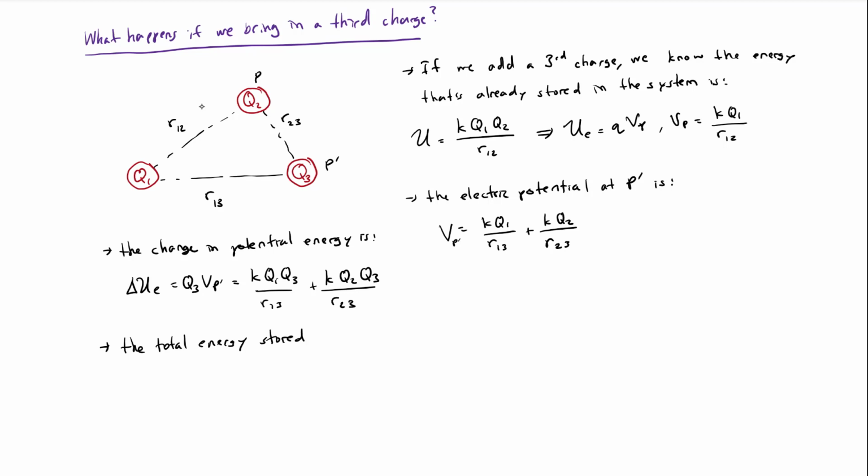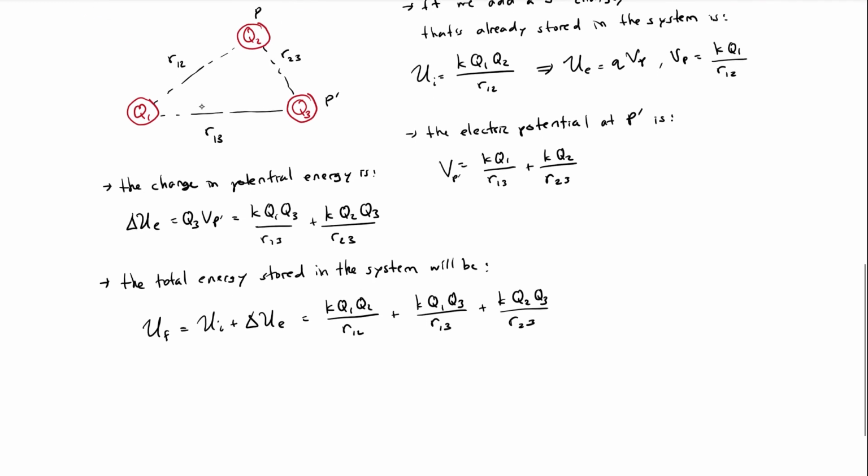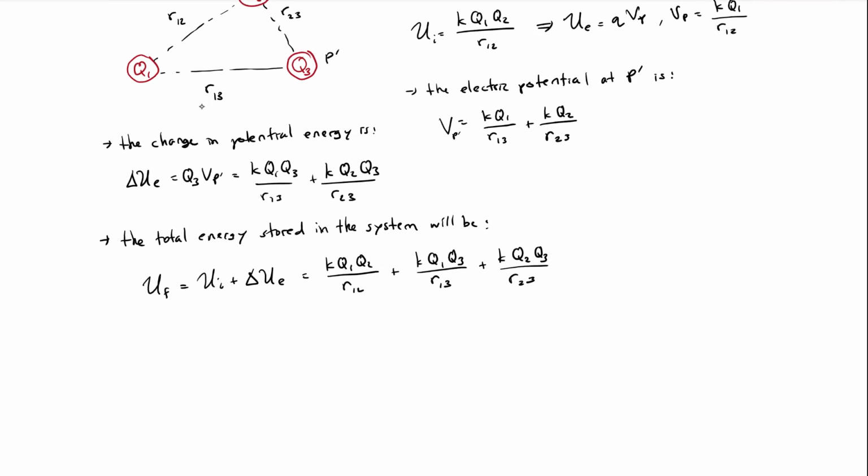So the total energy stored in the system will be this. We have the final energy stored, we have the initial energy, which we'll call UI, plus the new change in potential energy, and that's K Q1 Q2 over R12 plus K Q1 Q3 over R13 plus K Q2 Q3 over R23. So we've calculated the total energy.